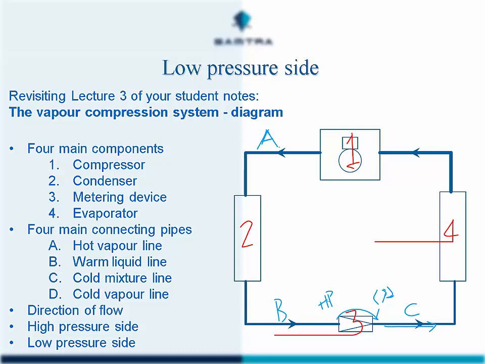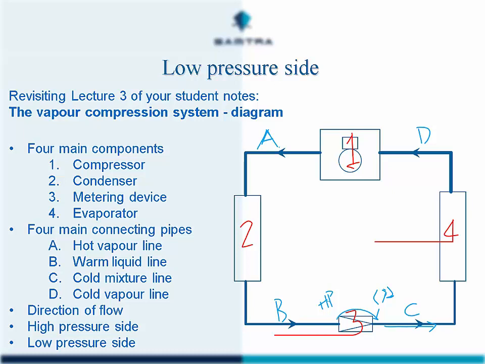Passing through our evaporator, absorbing heat, boiling, and this boiling happens at very low temperatures, depending on the system. So we will then have 100% vapor leaving our evaporator on the way to the compressor. It would be cold, in some cases well below 0, depending on the systems.